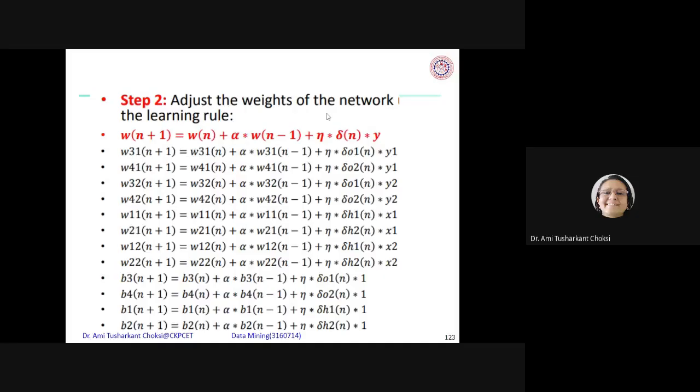Okay. So what we will do is, according to that, we'll be having all these equations. That is W31(n+1). That will be W31(n) plus alpha W31(n) minus W31(n-1) plus eta delta O1 into Y1, right?